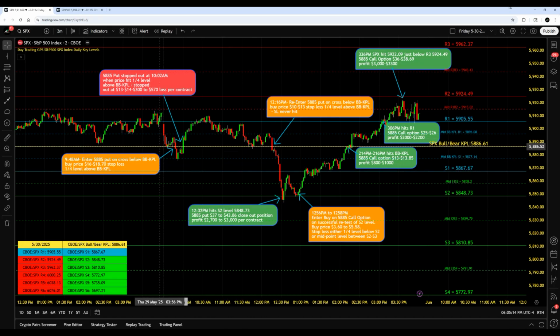Okay, so as you can see here, the 9:30 open we have lined out here. We had a down move on the first candle down to the bull bear key level. It did bounce off of that. However, I'm looking, because of this price action here, for some other indication.